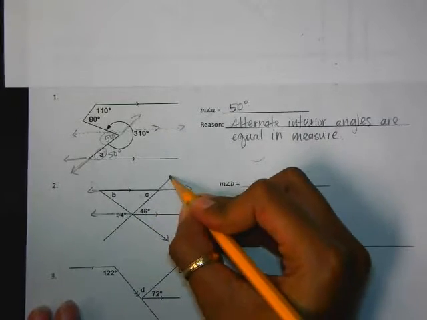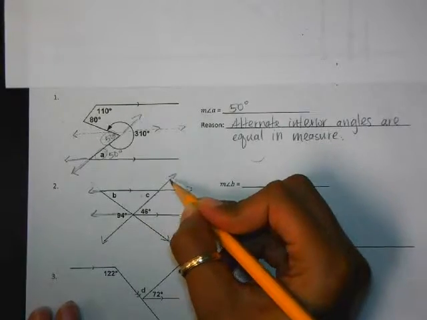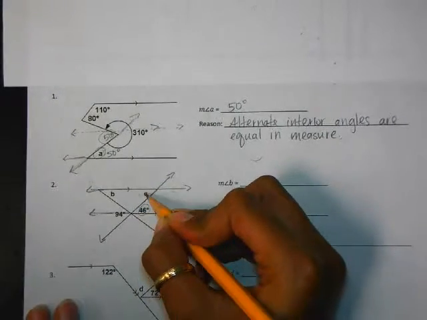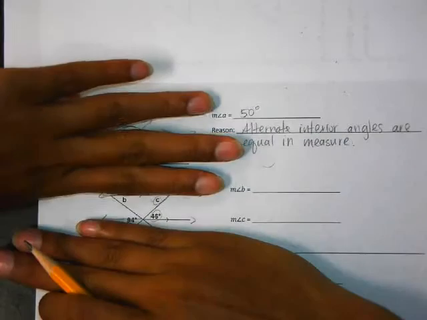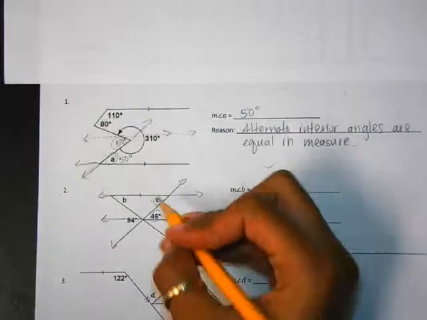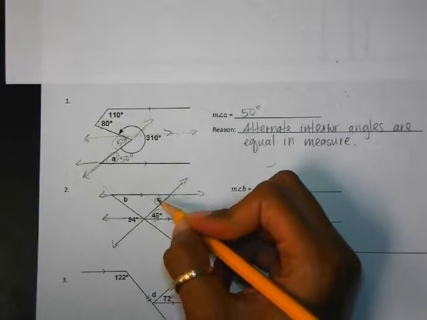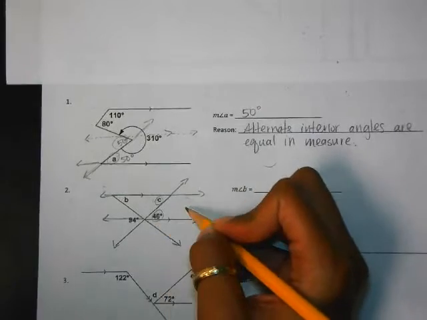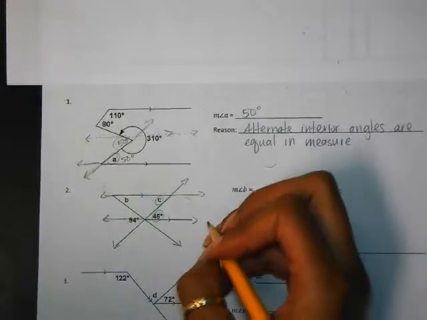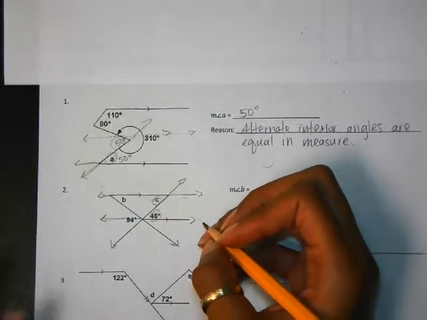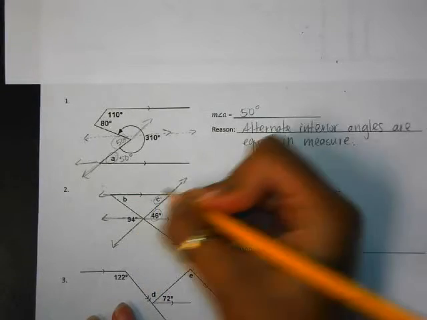So two parallel lines, transversal cutting through. Now, looking at 46 and C, I see that they're both on the interior of my parallel lines, and I see that they're on alternate sides or opposite sides of my transversal. So since they're on alternate sides and they're on the interior, that means that they are alternate interior angles. And we know that alternate interior angles are congruent. So if this is 46, this too must be 46 degrees.